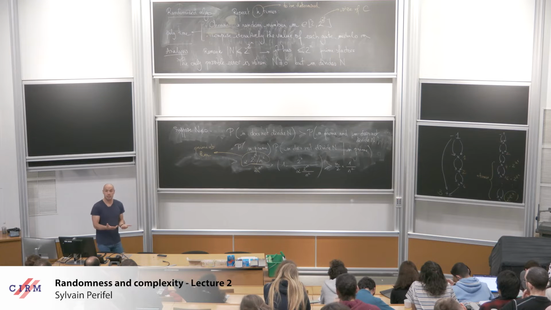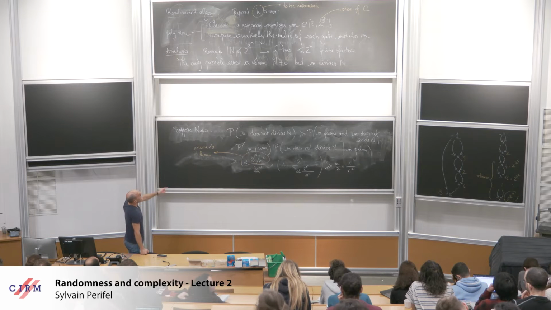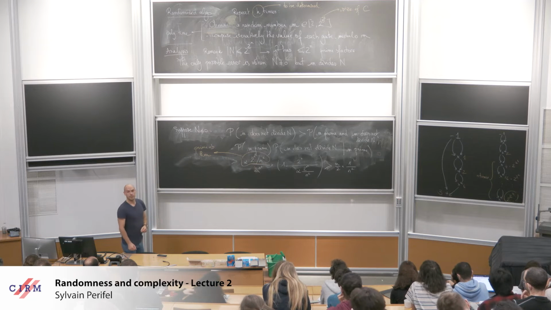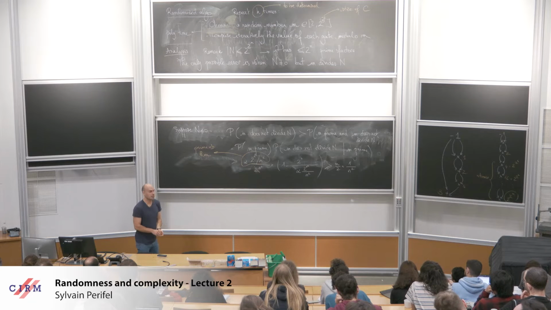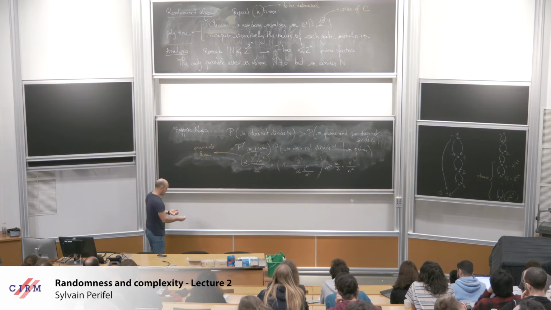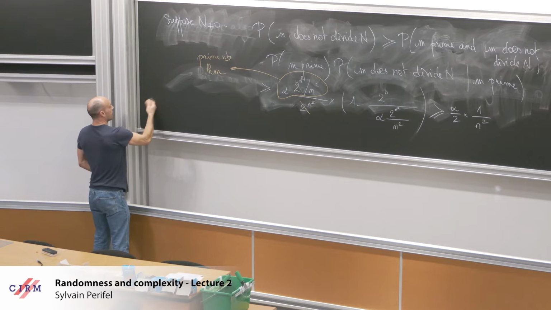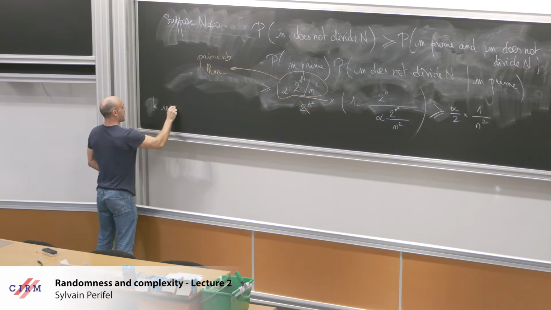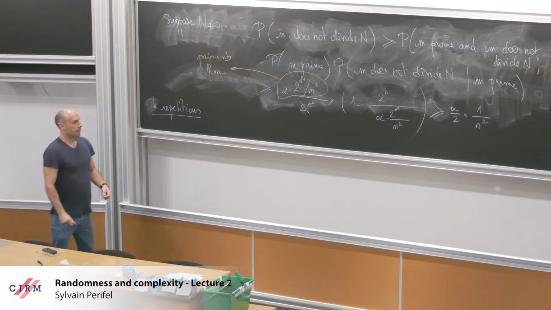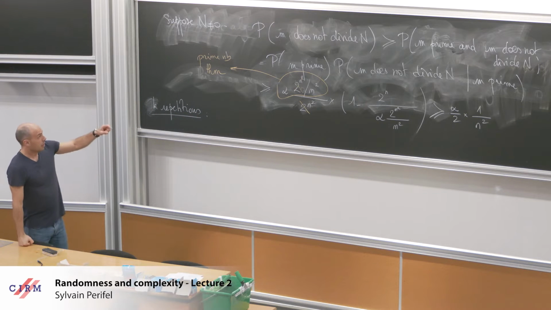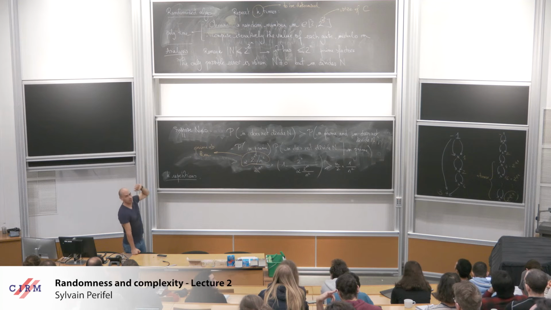Of course, we will repeat this process. That's why I said we will repeat this algorithm k times. When we have k repetitions, we just need one success to be sure that n is different from 0.